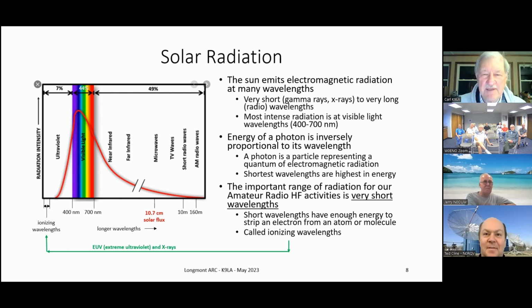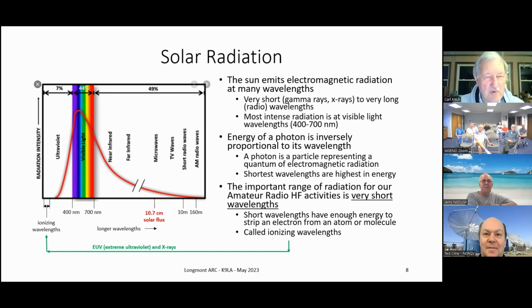Now, the energy of a photon, that's the particle representing a quantum of electromagnetic radiation, is inversely proportional to its wavelength. So the shortest wavelengths have the highest energy. So gamma rays and X-rays have lots of energy, and so does ultraviolet.